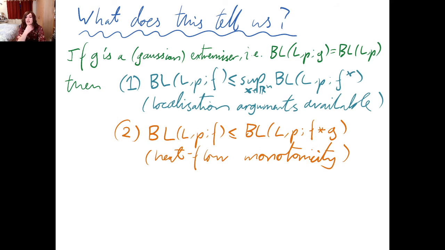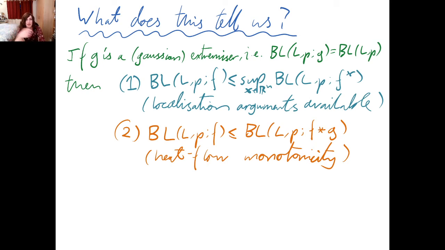Now, this tells you some interesting things. First of all, suppose that f and g are both extremizers. Then what this shows is that the family of extremizers is closed under convolution. Moreover, if you take, say, an extremizer f, you convolve it with itself, right?